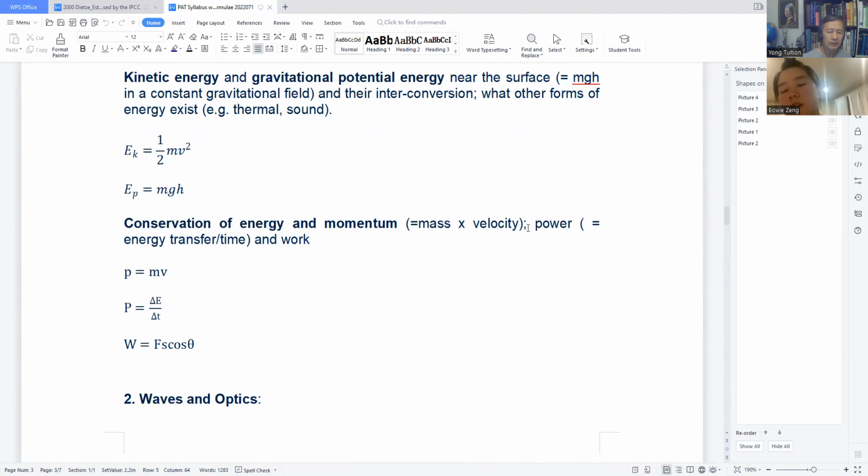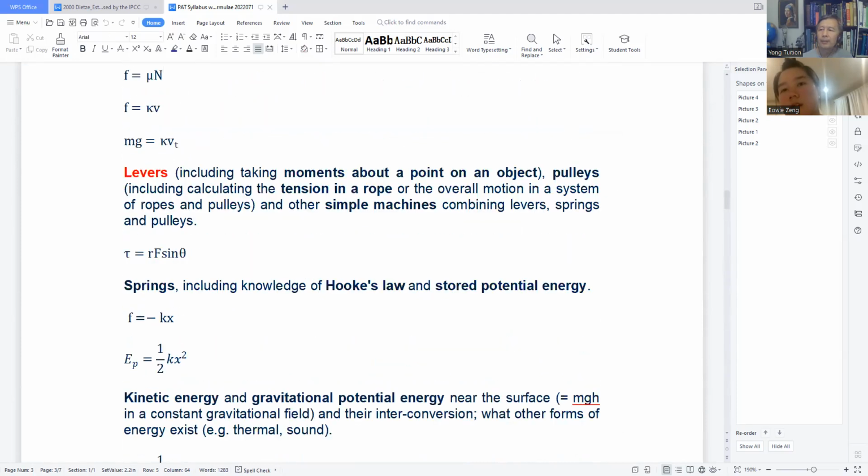Okay, momentum. Stop here, go to the next page. I didn't spend much time to work out the force, but I still think the first formula is Newton's second law. Because Newton's second law can help to solve a number of questions.